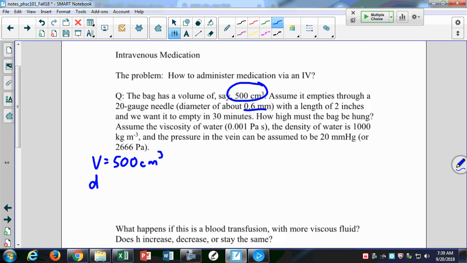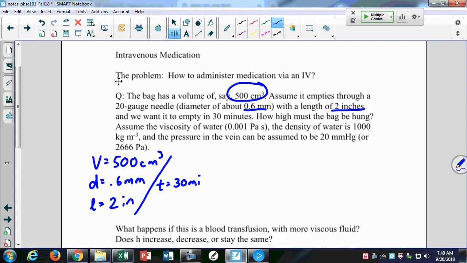So the diameter of my needle is 0.6 millimeters, and it has a length of 2 inches. And we want it to empty in 30 minutes. So the time interval that we want it to empty in is 30 minutes. And I want to know how high must the bag be hung.